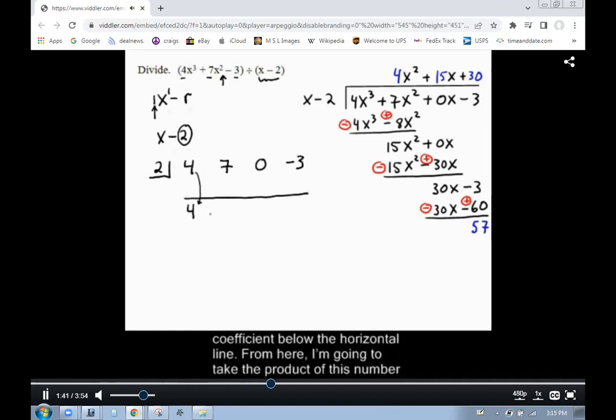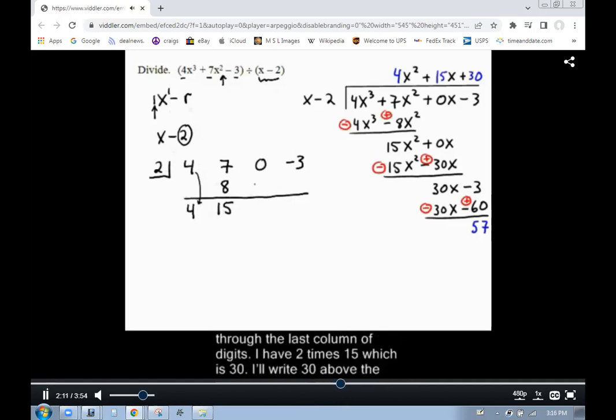And here, I'm going to take the product of this number below the line times the value in the box. This gives me 2 times 4, which is 8, and I'll write this result in the next column just above the horizontal line. Then I'll add the numbers in this column and write the sum, which is 15, below the line. I'll repeat this process through the last column of digits.